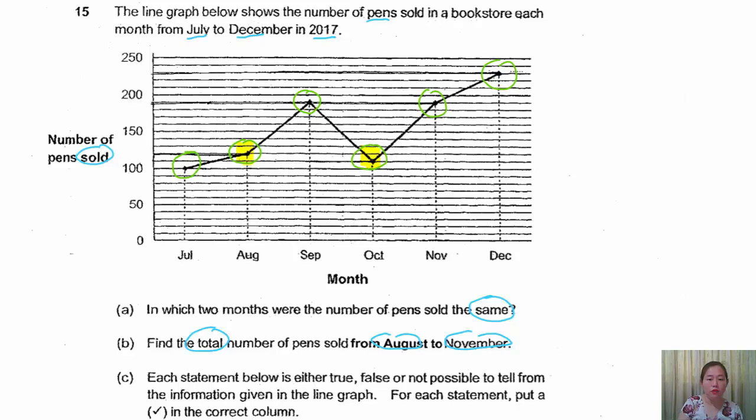But if we look at this one, it is definitely the same in height. So the answer is actually the month of September and November.